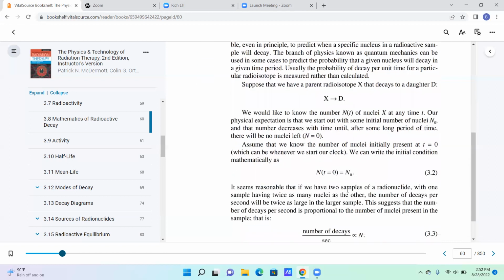Let's assume that we know the number of nuclei initially present, and we're going to call that N sub 0, or N naught.